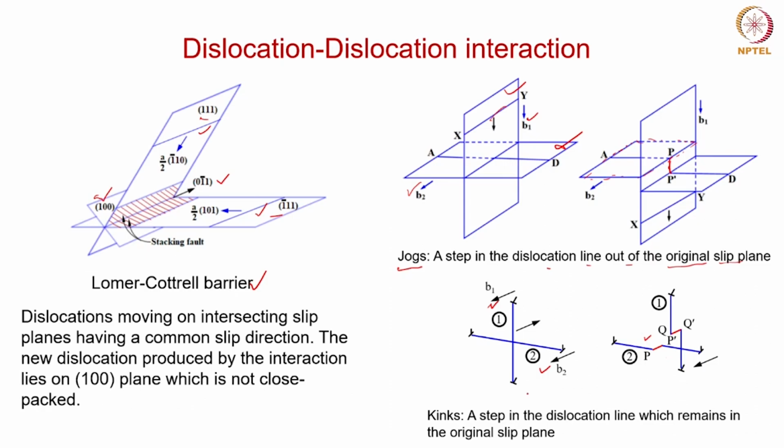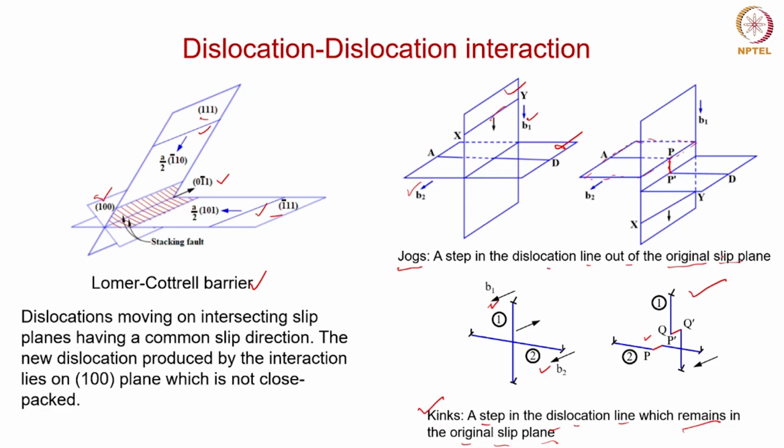So such steps which lie in the original slip plane, which remain in the original slip plane, is known as a kink, okay. So a kink is a step in the dislocation line which remains in the original slip plane, as you could see from this particular figure, okay.